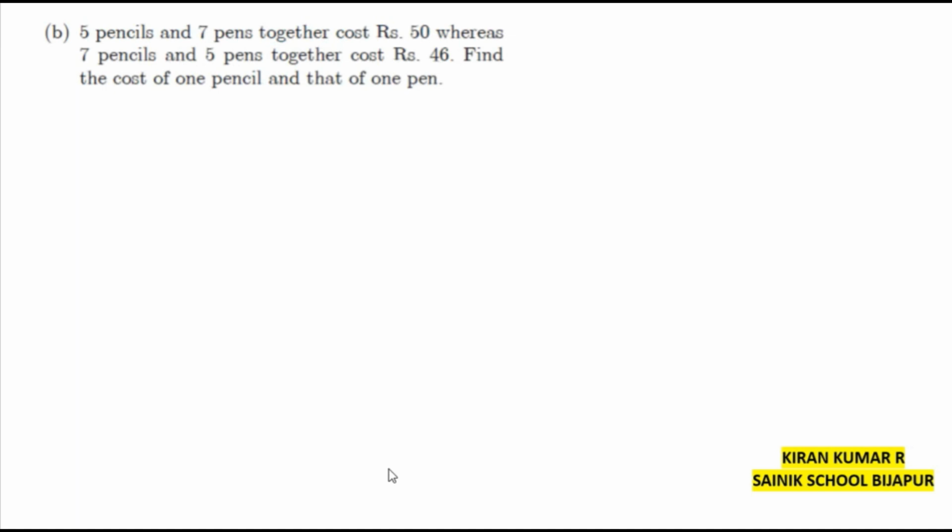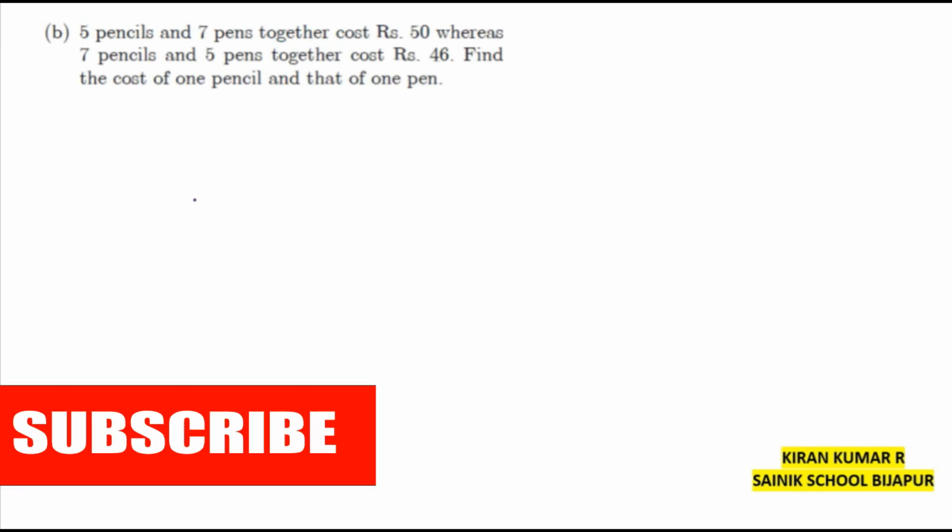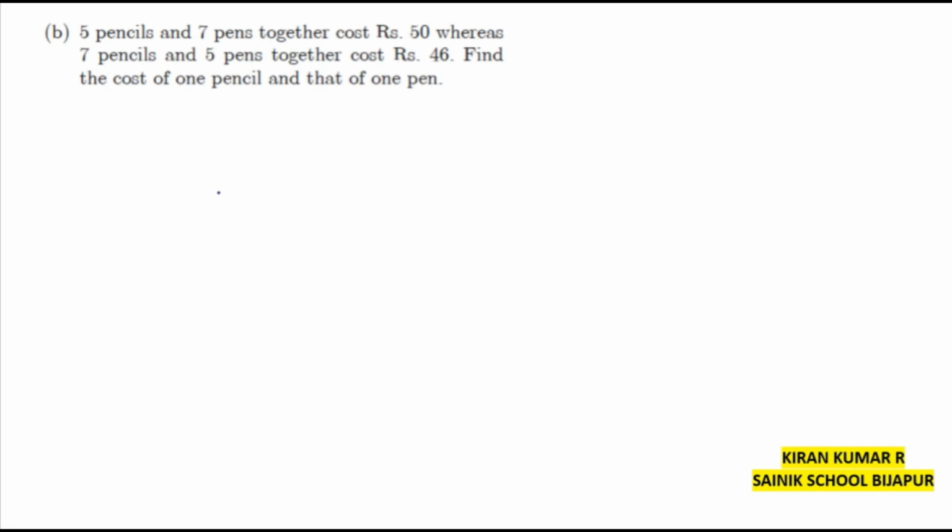Let me take up second sub question B. 5 pencils and 7 pens together cost rupees 50, whereas 7 pencils and 5 pens together cost rupees 46. Find the number of pencils and the pen.